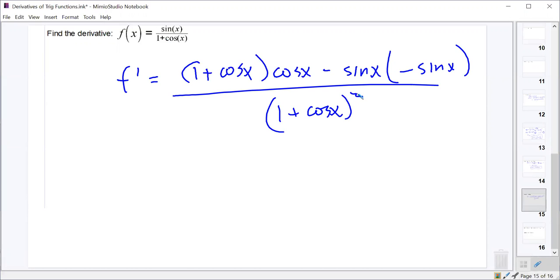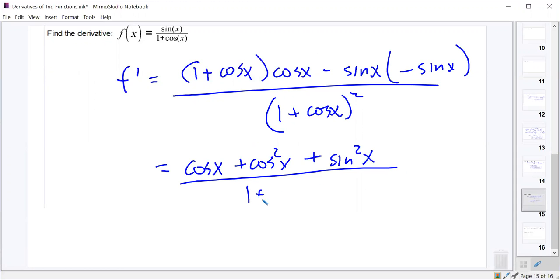So what do we end up with here in the numerator? We'll distribute out the 1 and the cosine x to give us cosine x plus cosine squared x plus sine squared x all over 1 plus cosine x squared. Everybody good with that?